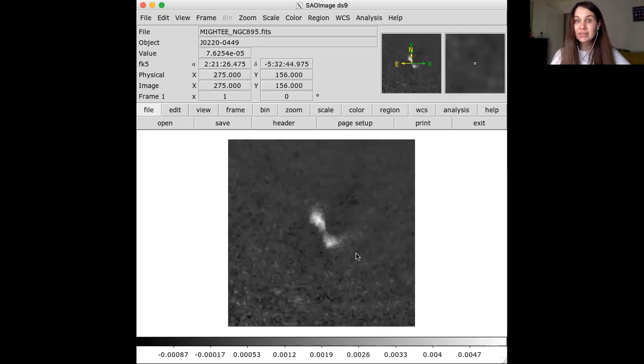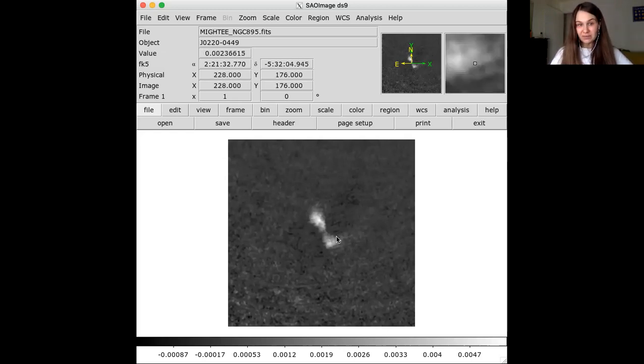However, we need to understand how strong it is. That's why we need to compare the intensity of our signal to the noise around it. For this, we calculate the standard deviation of, for example, our noise region minus emission.